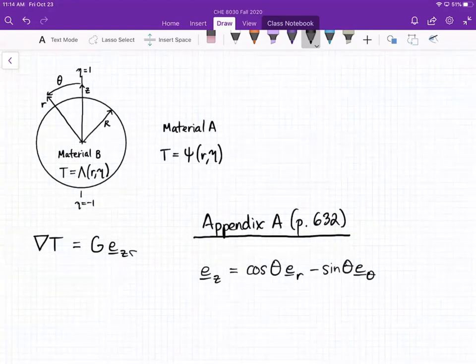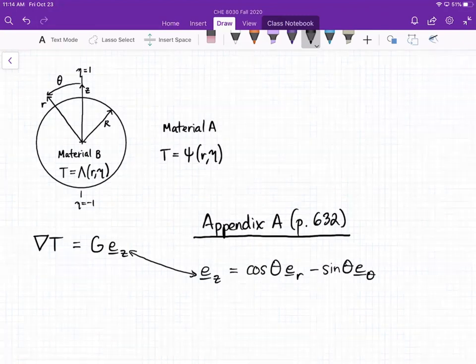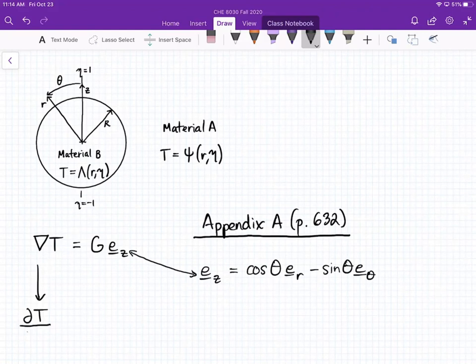So I can plug in or substitute that identity that I pulled from the back of the textbook into my unit vector in the z direction. Therefore, if I take the partial of temperature with respect to the r direction, I end up with G times cosine of theta.